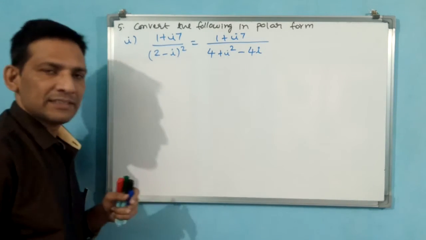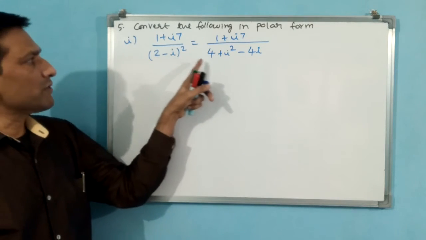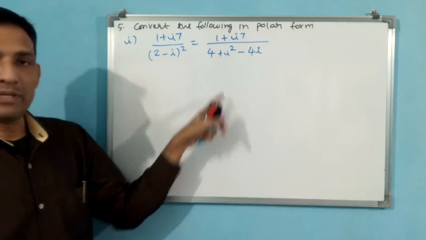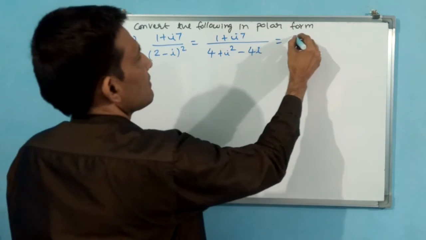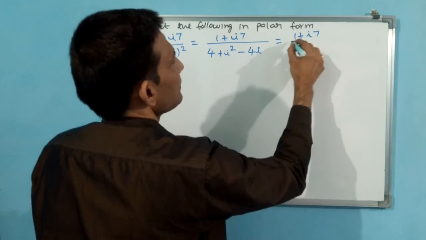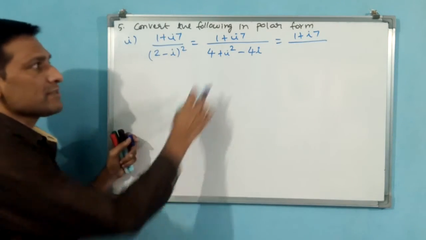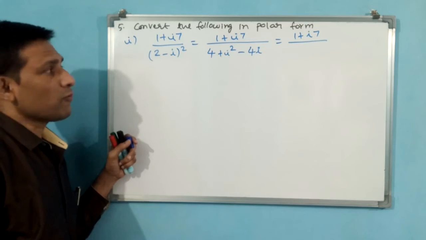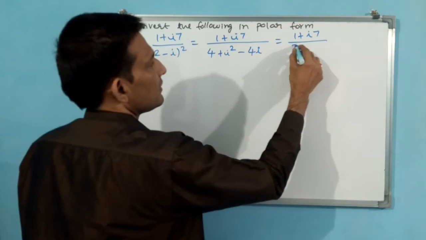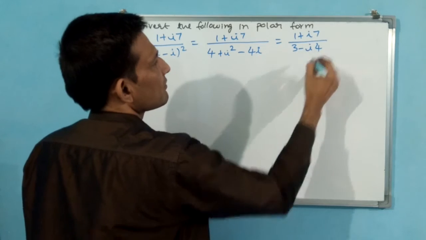Is it okay first? Let us do 1 plus 7i by, okay, i square value minus 1. 4 minus 1, 3. 3 minus 4i.